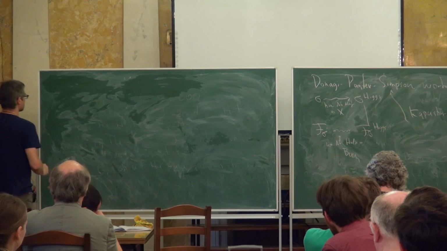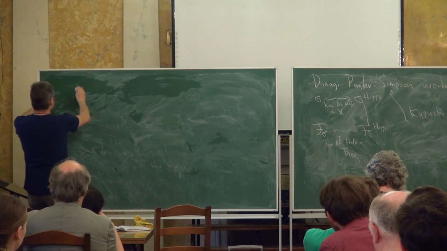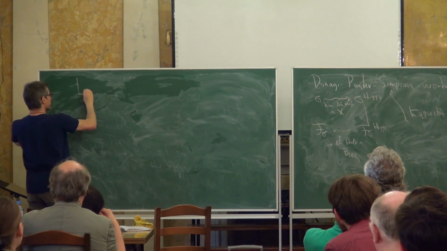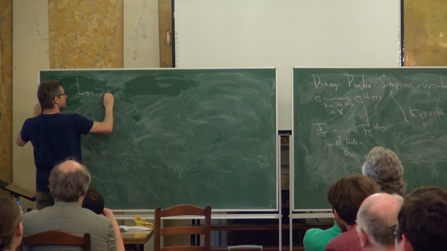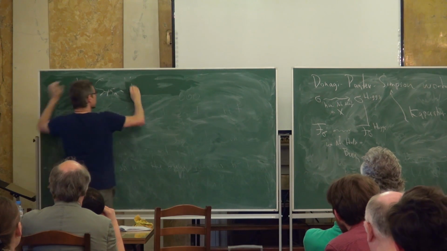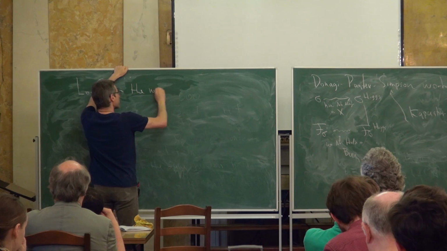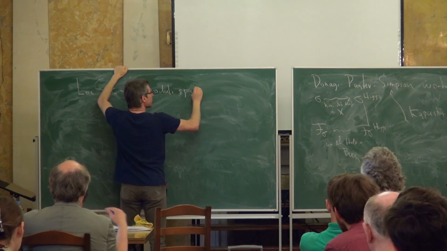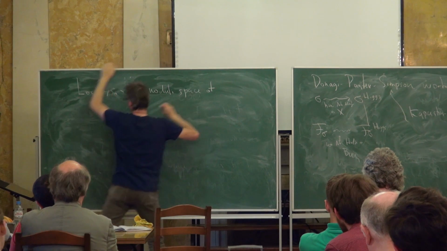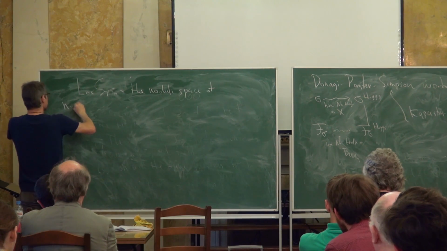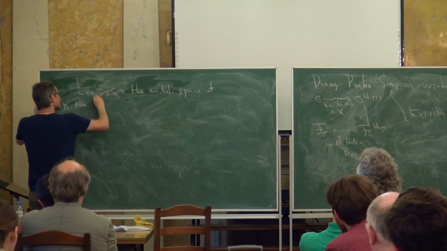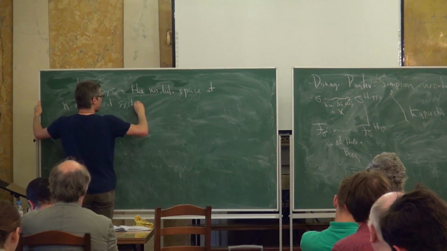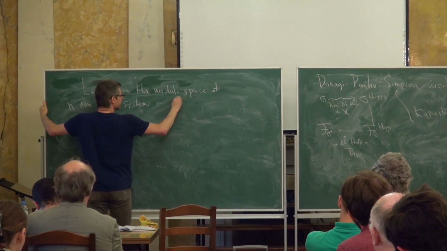In addition to what we call BUN, one can introduce another algebraic geometric object called Loc-Sys N. This is the moduli space of n-dimensional local systems on the curve.